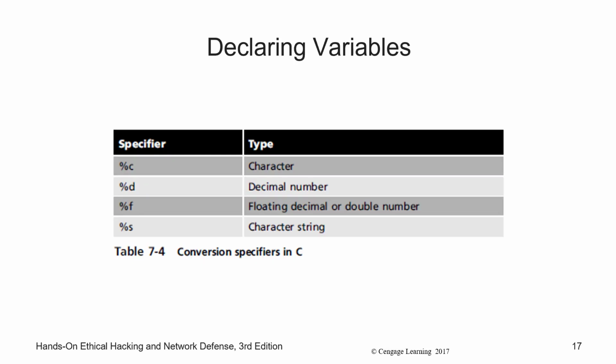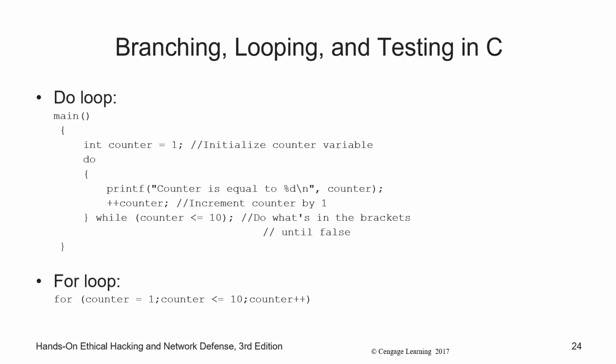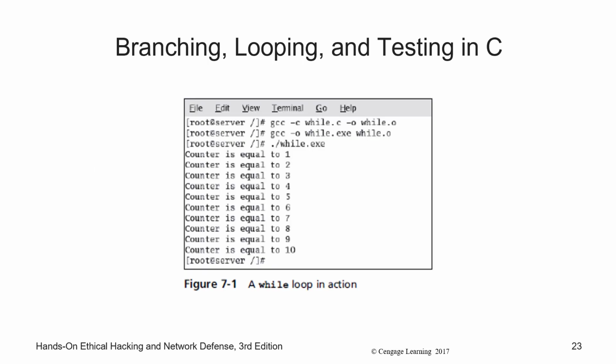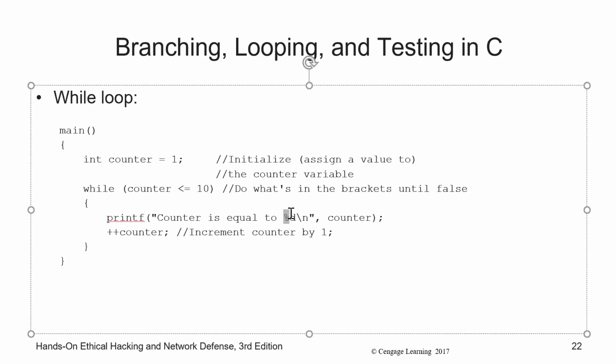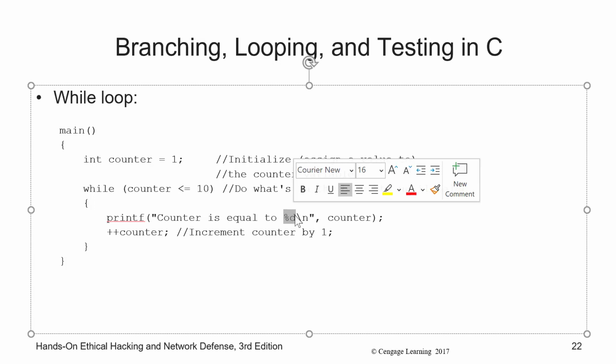Conversion specifiers in C. This is actually called string interpolation, but okay. So I'm going to jump through this code real quick. Here's an example. Counter is equal to %d.